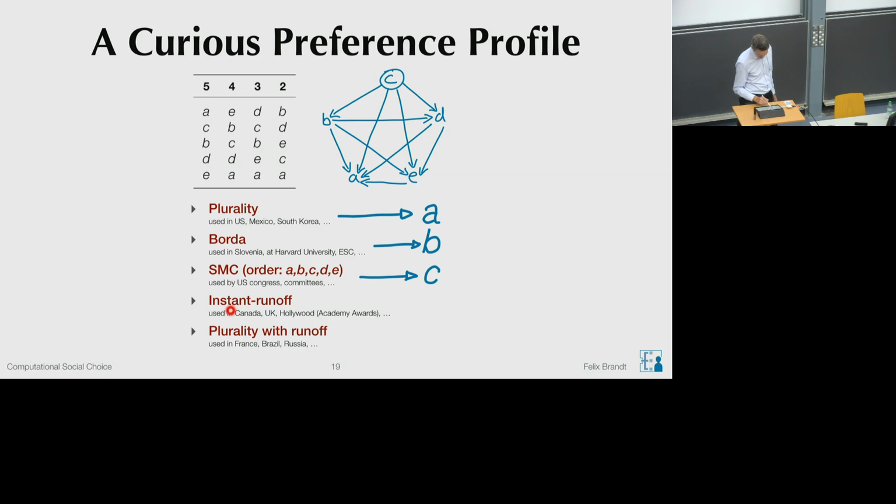Next one is instant runoff. So with instant runoff, we again look at the plurality scores, so we only need to look at first ranks. And then we eliminate the alternative which has the lowest score. So which alternative here would have the lowest score? Great.